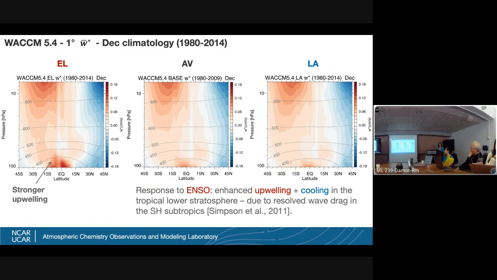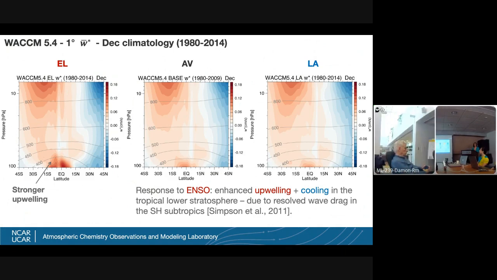So I made this climatology for one month, December, for 1980 through 2014. On the left is the El Nino case. Upwelling is a lot stronger than the average or La Nina case. Especially, this paper talked about the wave drag being stronger in the southern hemisphere than in the northern hemisphere. If you look at the whole stratosphere, the red is a little darker in the southern hemisphere. So this seems to be related to El Nino, though the 1-degree acts a little bit differently.